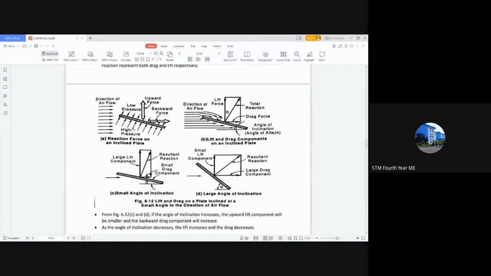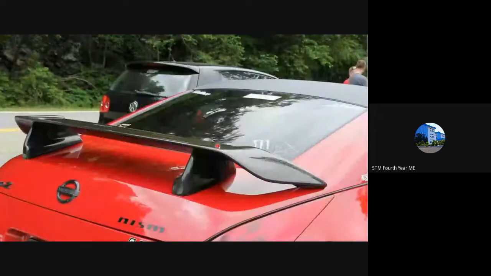Here the high pressure is generated here while the low pressure is here, and the high pressure always tends to move to the lower pressure, and hence lift occurs at this inclined plate.